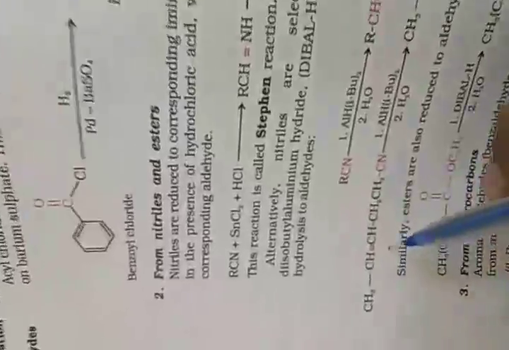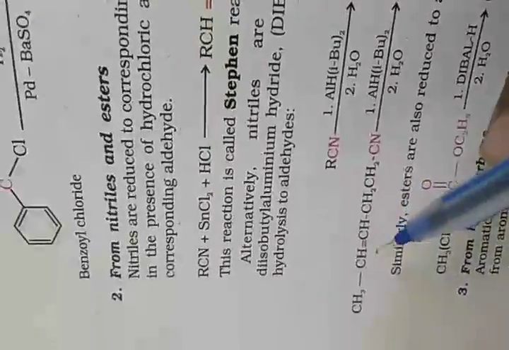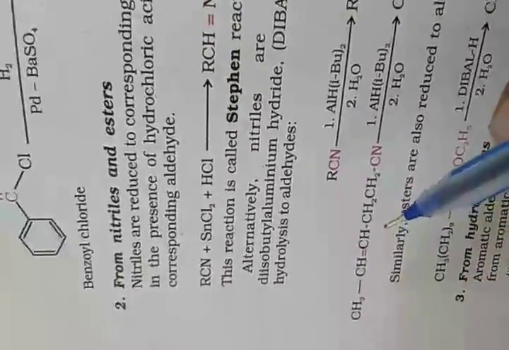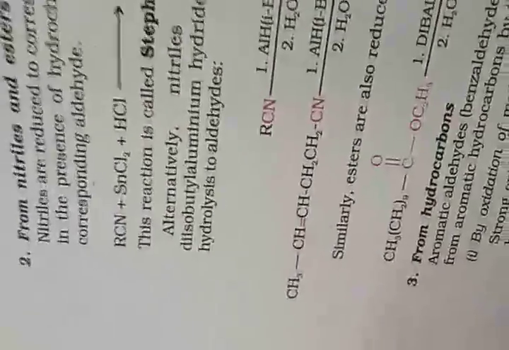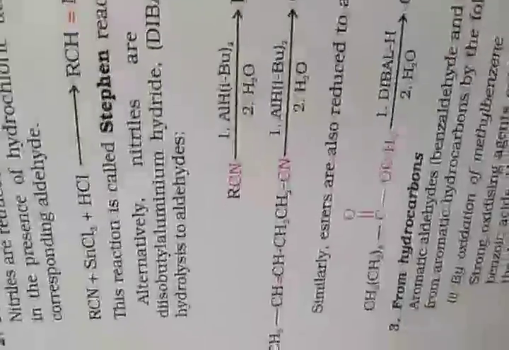Now we take one example with a ring numbered 1, 2, 3, 4, 5, 6. Given suitable conditions, only the cyano group is converted into the CHO group. So this cyano is converted into an aldehyde group by this method. Similarly, esters are also reduced to aldehydes with this method.